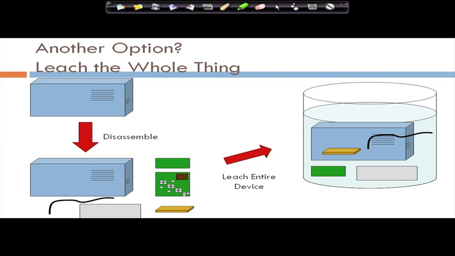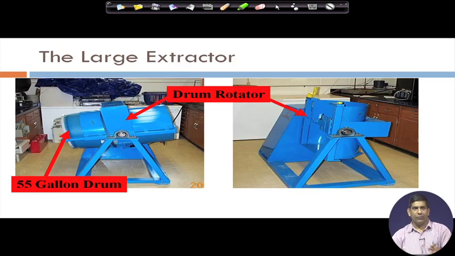So in that event, one thought process is, let's leach the whole thing. Let's take the entire device and put it in a drum, and then rotate the drum at the typical rotation. But since you have a bigger drum, it's difficult to rotate at the regular speed required for TCLP. So we designed this large extractor. This was work done when I was in the US.